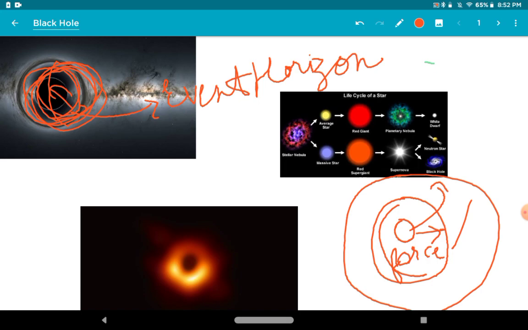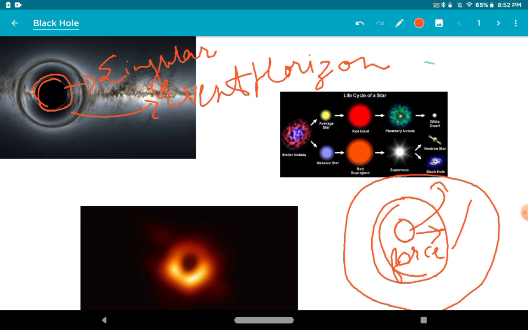So what is that point? This line is called the event horizon, and beyond it the black line is called the singularity. All the objects of the black hole are on its event horizon.